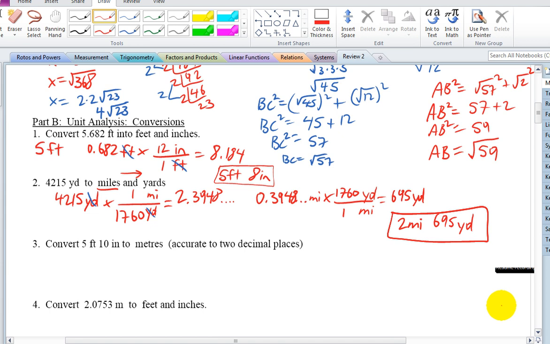Questions? Good. Then convert 5 feet 10 inches to meters. Well, this one's a little trickier because feet to meters is no problem, but inches won't convert to meters. What are, not right away, what are inches good at converting to? Centimeters. So let's convert 5 feet first.